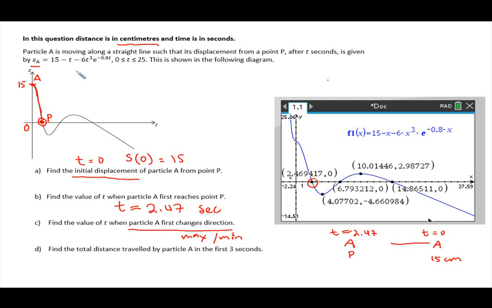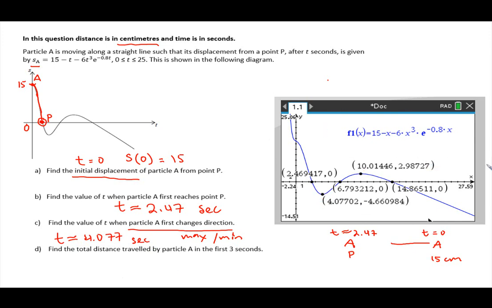In this case, we've got a change in direction at this minimum here and another change in direction at this maximum. They want to know the value of t when particle A first changes direction. So it first changes direction at this minimum, and the time there is approximately 4.077 seconds.